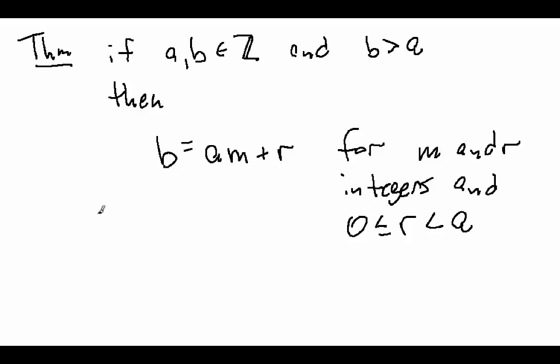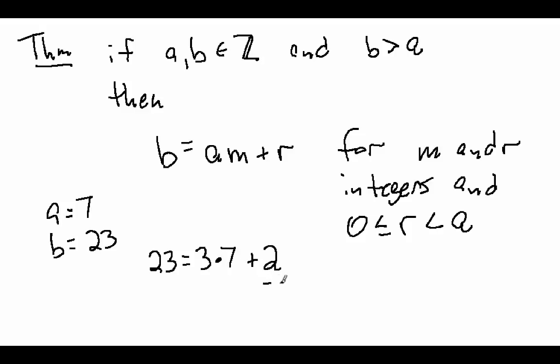If I were to take a equal to, say, 7, and b is equal to 23, we're saying that 23, in this case, is equal to 3 times 7 plus 2.